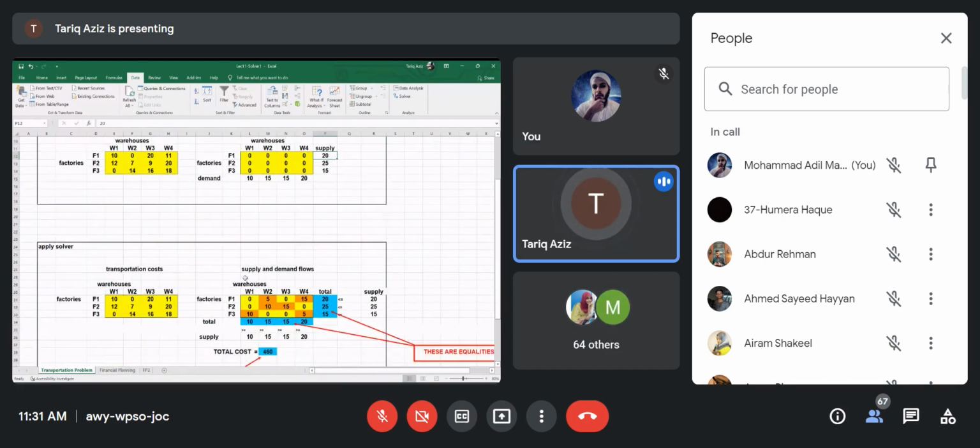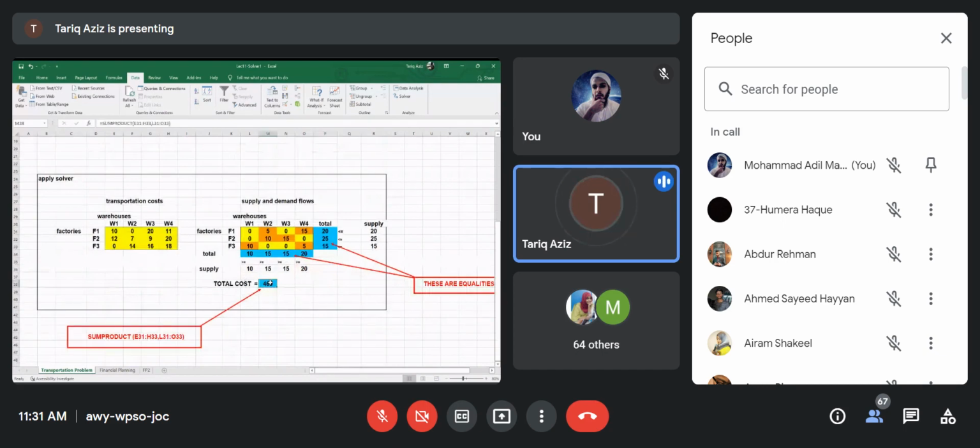So after setting up this problem, first you have to calculate the total cost. So let me calculate it here. We will start with an equal sign, and I will use sum product. These are the cost. So I have selected this cost matrix.